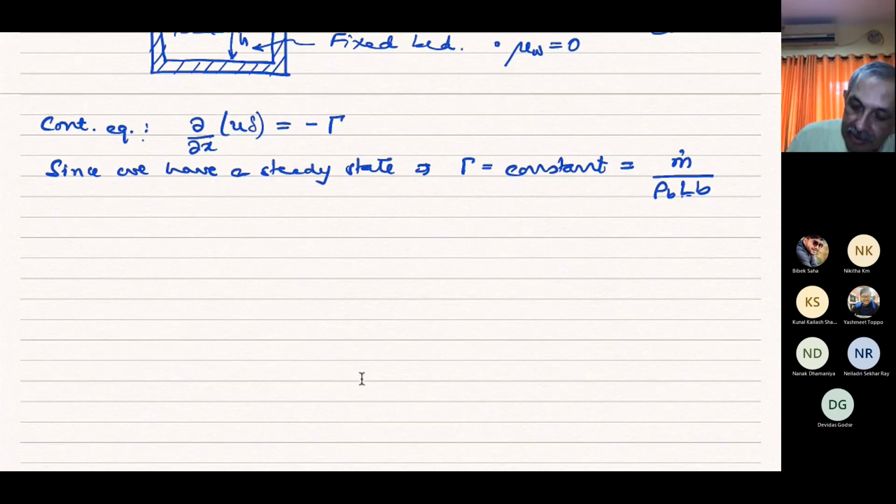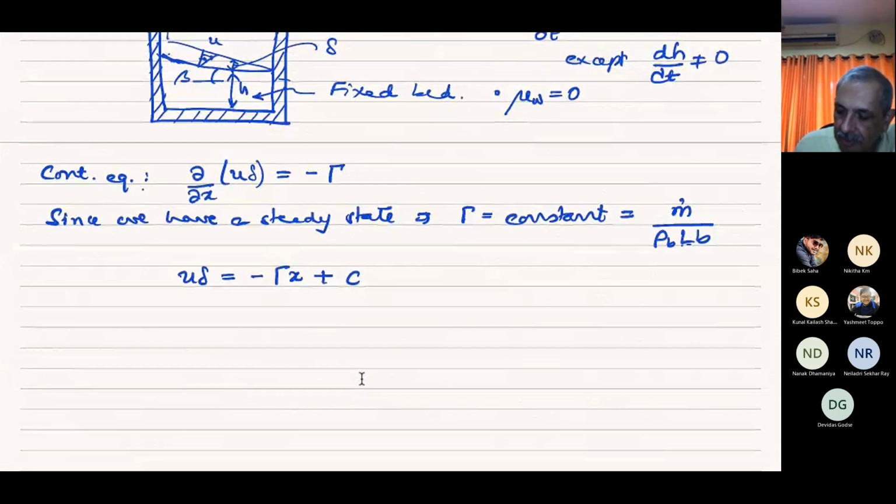So if this is constant, then we have a really simple equation to integrate, and we will just get u into delta is equal to minus gamma x plus constant. Now u into delta, you can think of that as a flux.